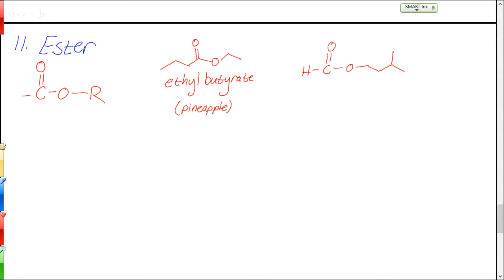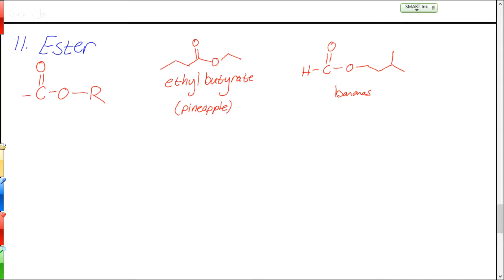This one is isoamyl acetate, which we'll just say is bananas. Notice here that in both of these, because all of these different types of functional groups share that carbonyl group, it's not enough to just look for the carbonyl group and say, oh, it's a ketone. Because depending on what's connected to it changes what it does, and it changes its reactivity and how it interacts with all the other atoms.